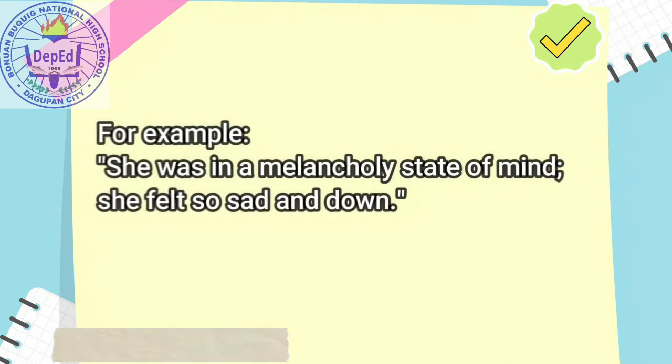What is the word that seems to be unfamiliar in this sentence? That's right! The word melancholy is the unfamiliar word. Now, using the other words from the sentence, we could find some clues or hints about what melancholy is.